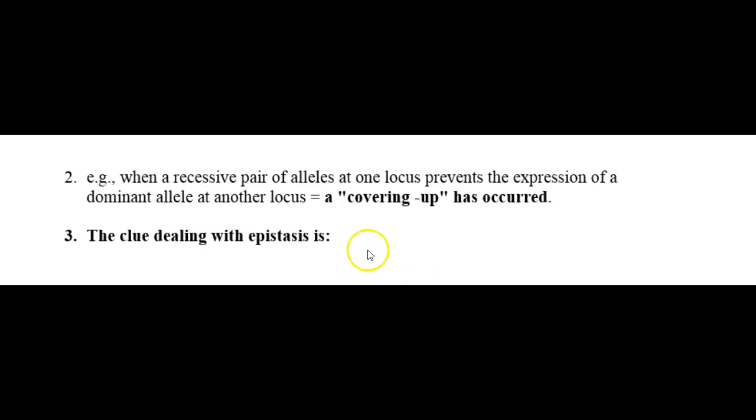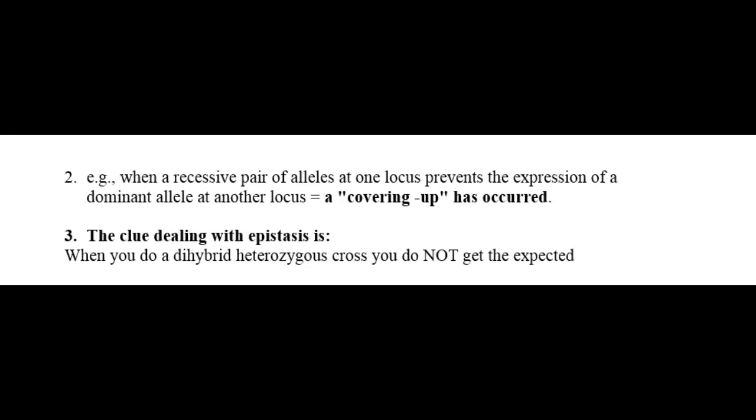And the clue that you're dealing with epistasis is when you do a dihybrid heterozygous cross, you do not get the expected nine to 3 to 3 to 1 phenotypic ratio. You get something else.